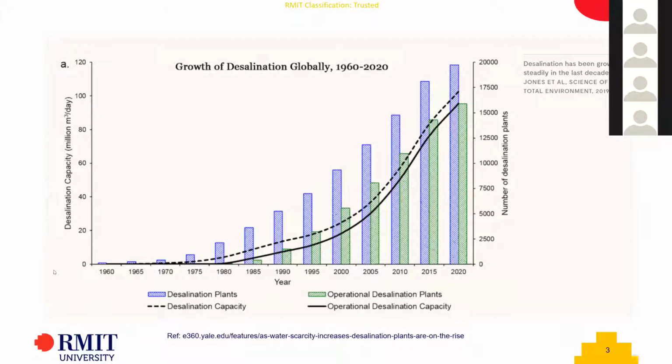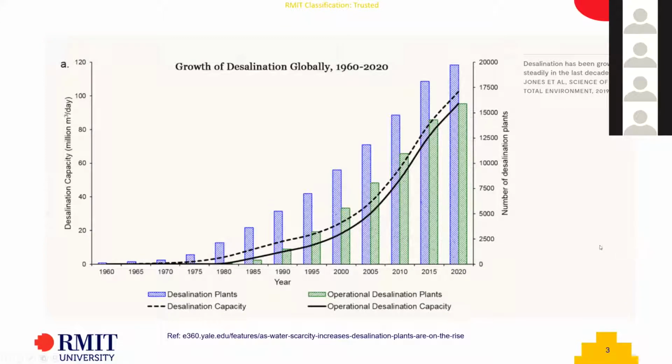As you can see globally, the growth of desalination is very, very rapid. In the 1960s and 70s, the capacity and number of plants were not very much. But today we have nearly 20,000 desalination plants around the world, with about 80% of them in operation. And Australia has been riding the trend.